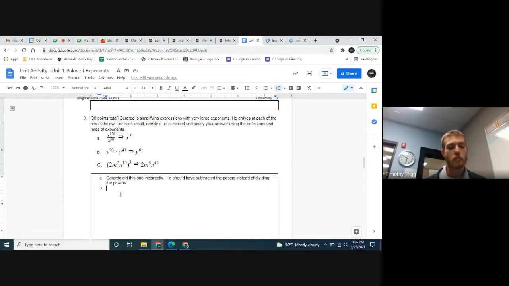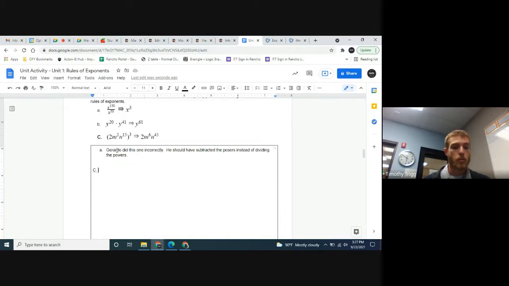So briefly explain that in part B, that Gerardo did this correctly because he added those powers correctly. Okay. And then part C, but I'm going to let you type out the result for part B on your own, okay? I gave you an explanation, but you can write it in your own words, please.